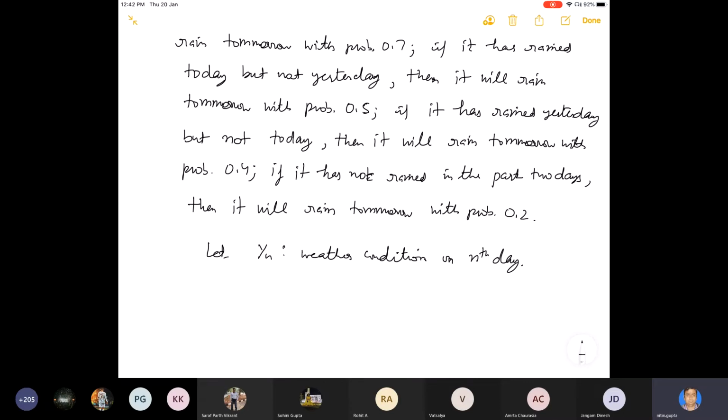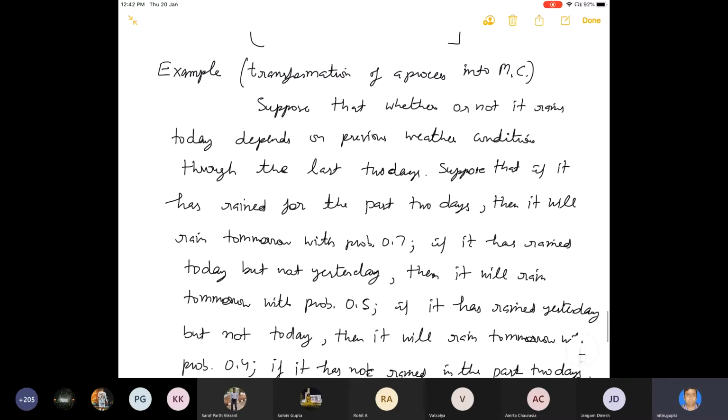Because we have to make the Markov chain using the question, it is saying that the weather condition depends on the last 2 days.